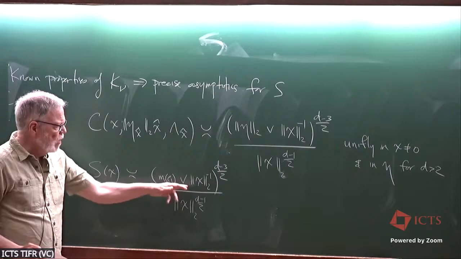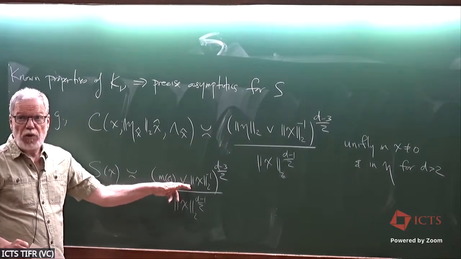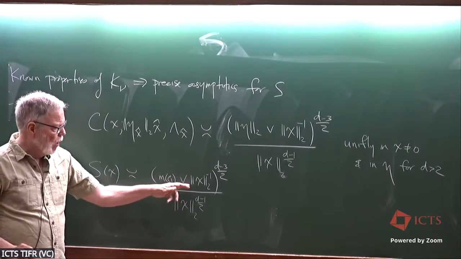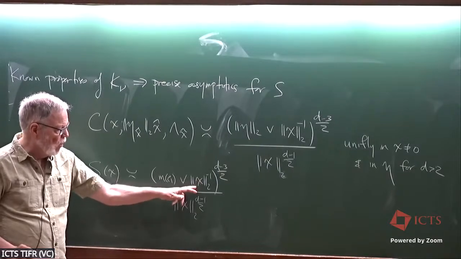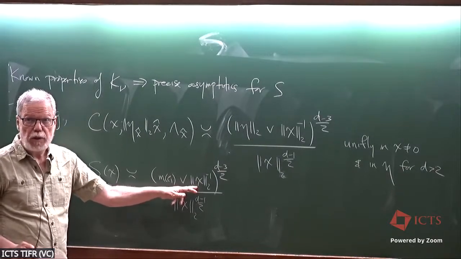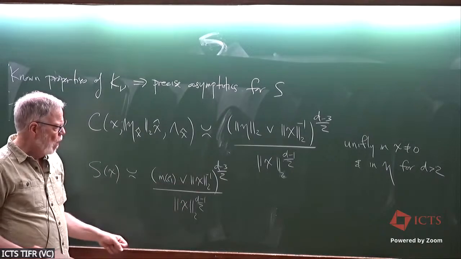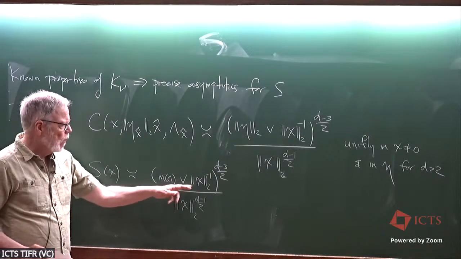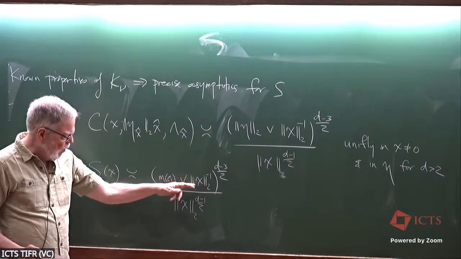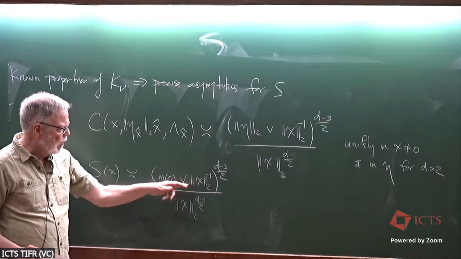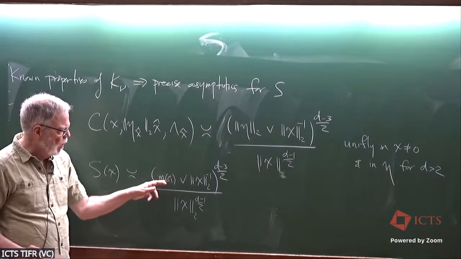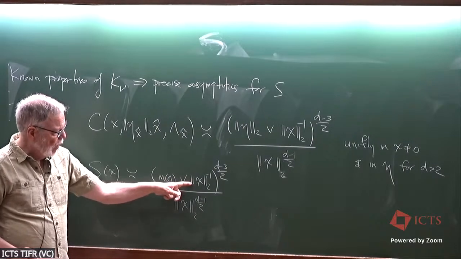So once x is much bigger than the correlation length, that means that this alternative will be the one that achieves the maximum. Sorry, if x is of the order of the correlation length, if these two things are comparable, then you can take x, here.